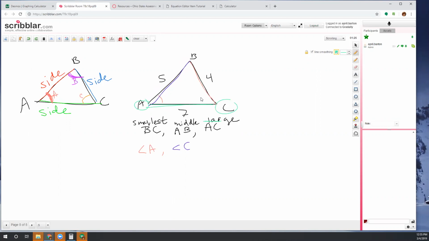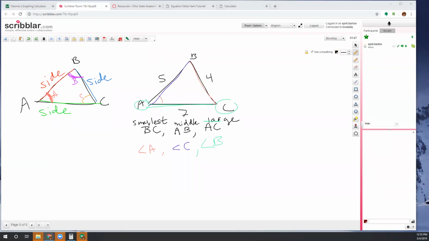When it's across, we want it to be not on the line AC. Okay, that would be B. So that's the order of the angles from smallest to largest. Notice it wasn't alphabetical, it went A, C, B. It could have been alphabetical depending on the information, but it doesn't have to be.